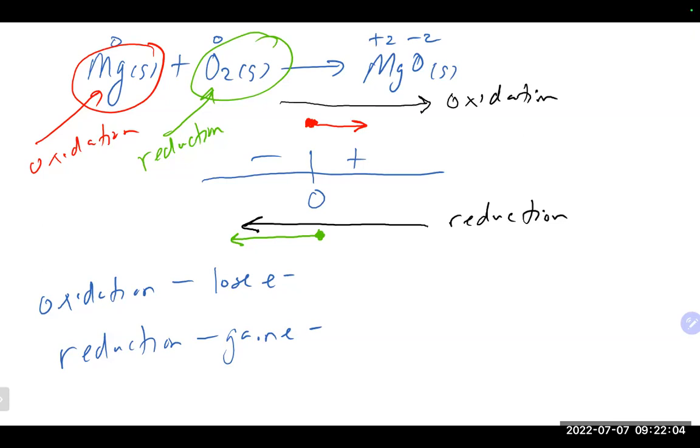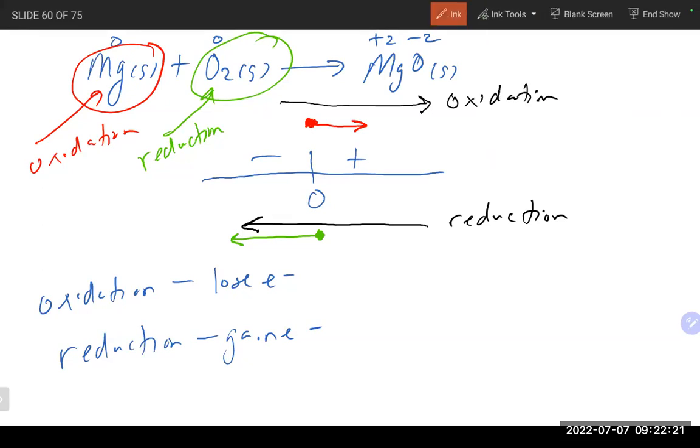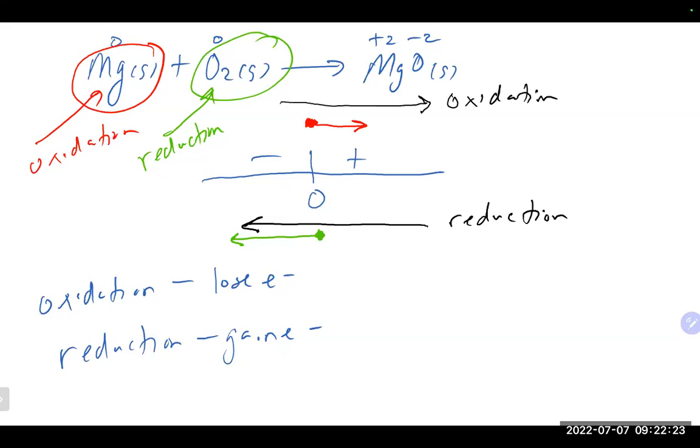Now, there's also another couple of things that go with oxidation and reduction. What we're talking about right now is what is being oxidized and what is being reduced. There's also what is referred to as the oxidizing agent and the reducing agent, and those are a couple of different things.